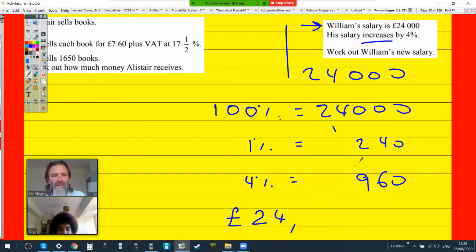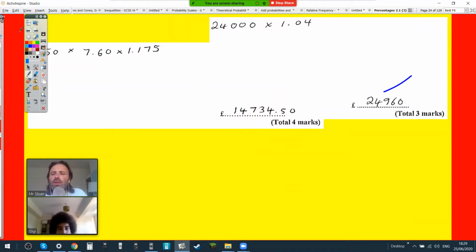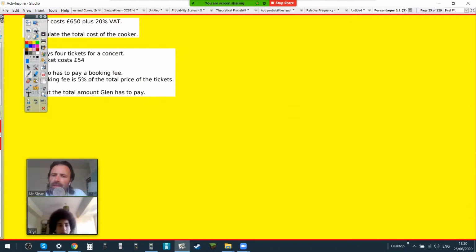Old salary 24,000, 4% increase. So 24,960. That's it. So that one, you just take off 2 zeros. So just be careful. That one has 3 zeros. Any questions there? No, I think I'm good.